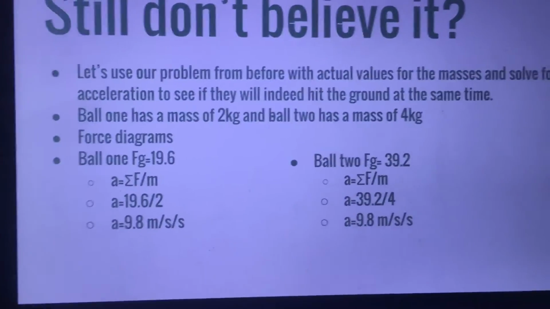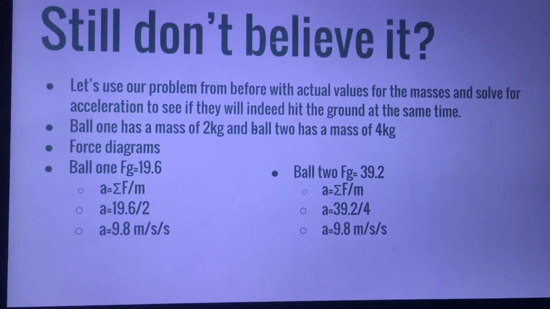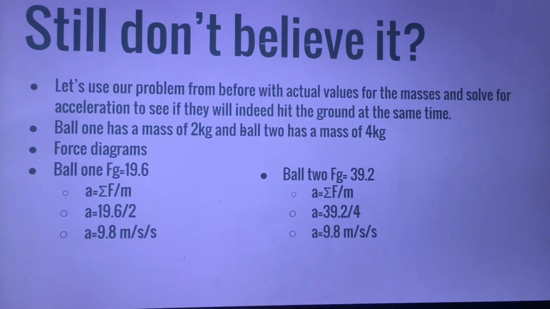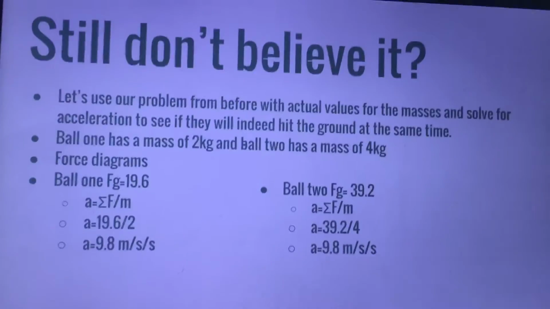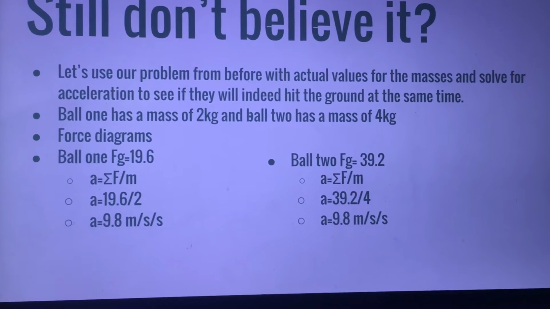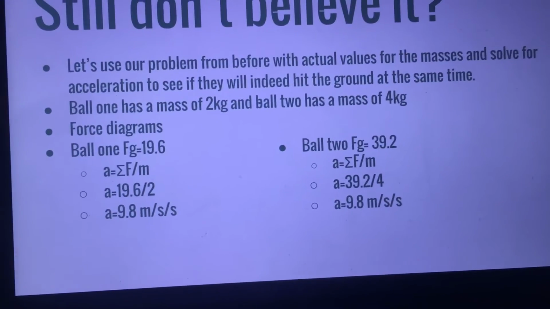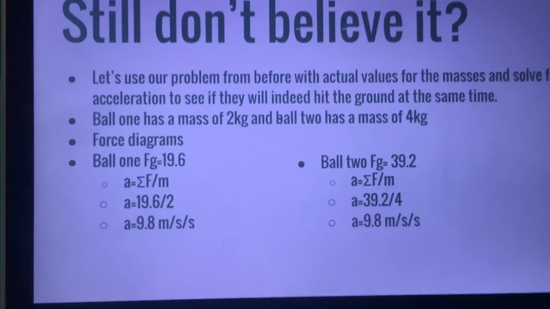So we can go back to our equation, acceleration equals unbalanced force, sigma F, over m, mass. When we plug our values in, acceleration equals 19.6 over 2, and then we get, what do you know, acceleration equals 9.8 meters per second squared, just as we predicted when we were solving for acceleration.